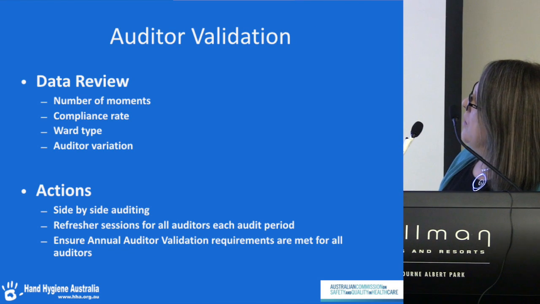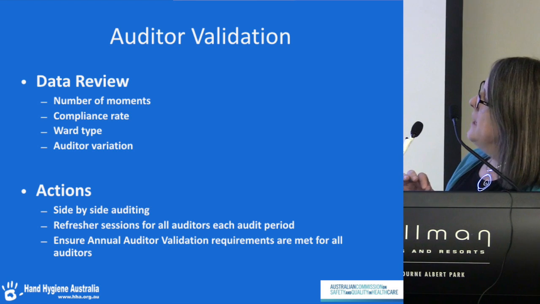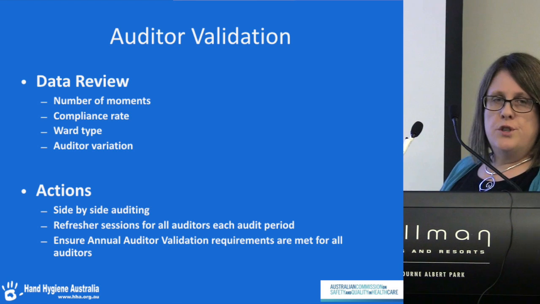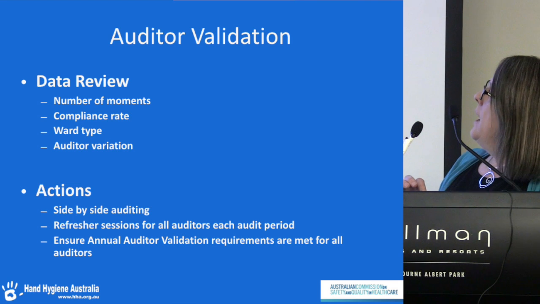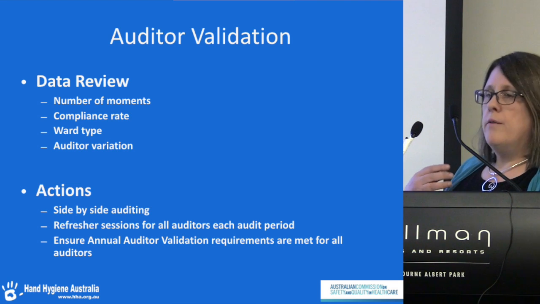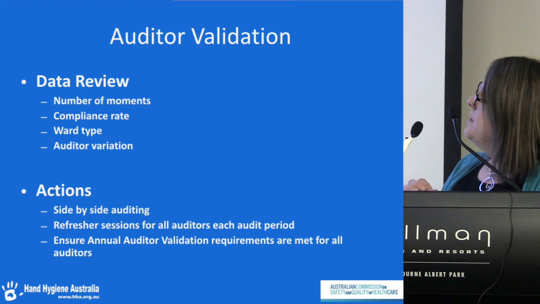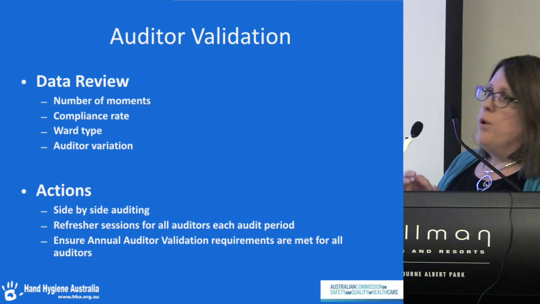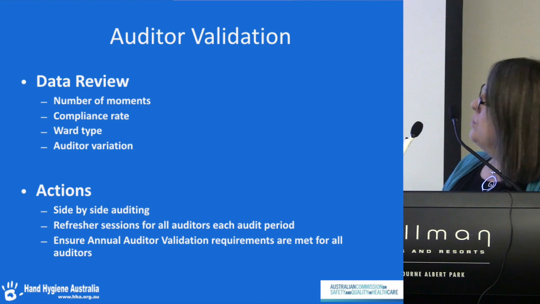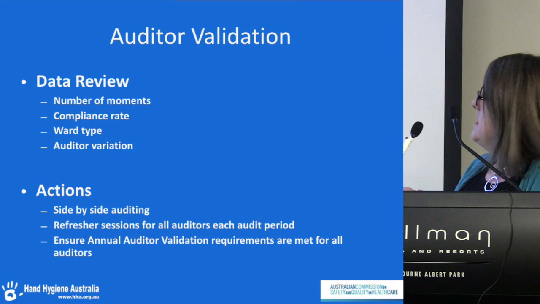So with running these reports and having a look at the data, the National Office and the Jurisdiction Coordinators do run these auditor and session reports every audit period so that we can have a look at the data across the organisations. So it's important for organisation administrators also to run the reports and have a look and see if there's anything that they need to investigate.